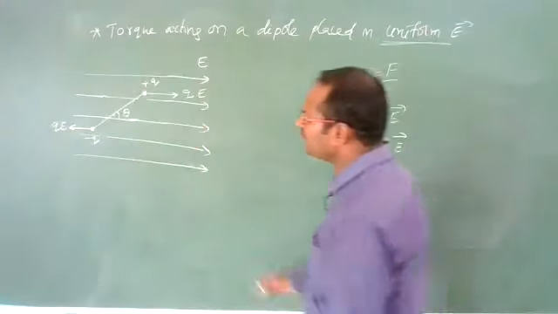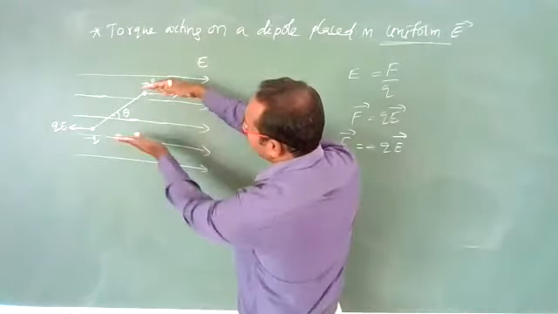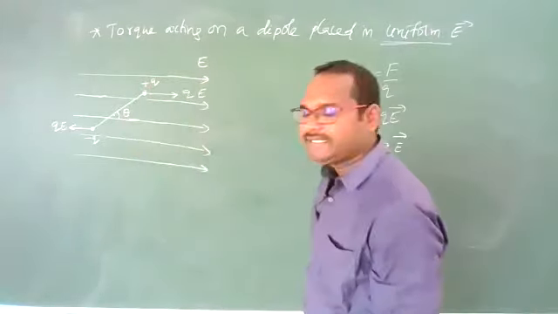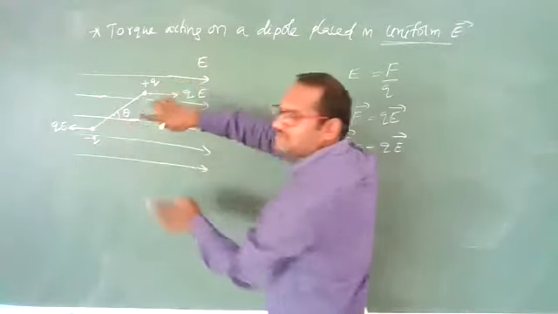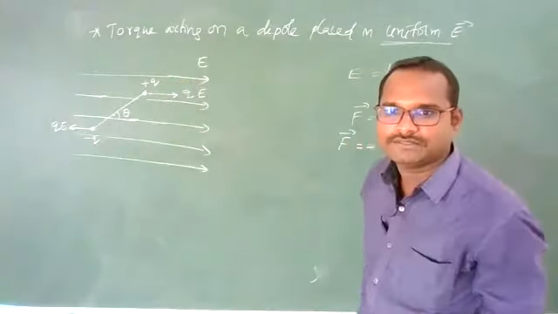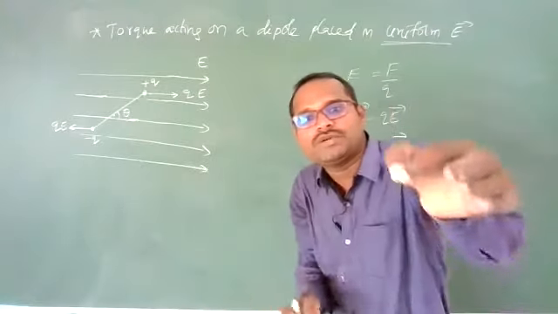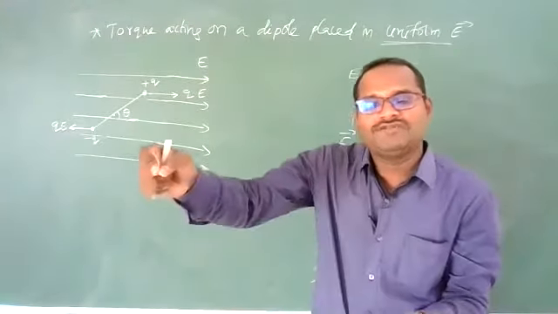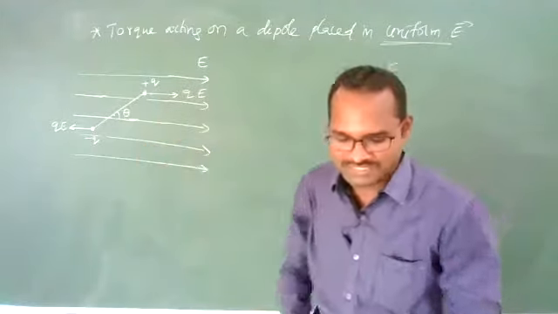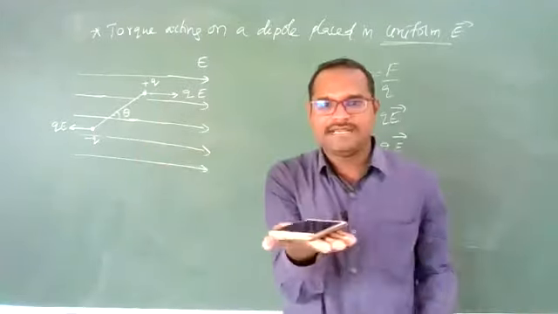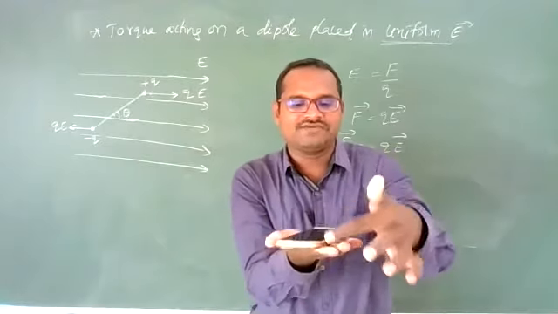Clear? Now, as these two forces are acting in opposite directions and their lines of action are not along the same point, they will constitute a couple, and it will produce a torque, a rotating effect. Yes or no? So on this dipole, one force is acting here, another force is acting here.